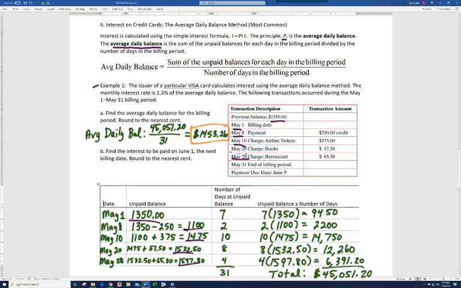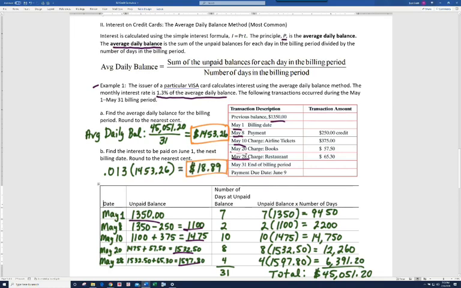Now on B it says find the interest to be paid on June 1st, the next billing date, rounded to the nearest cent. All right, so the interest, we were told, is 1.3% of the average daily balance. So it's 0.013 times $1,453.26.